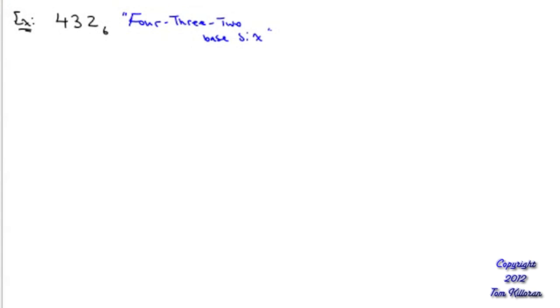It is not 432. It is absolutely not 432. If you read this as 432, you are absolutely wrong. It has to be read 432 base 6. You have to understand that it's not our number.